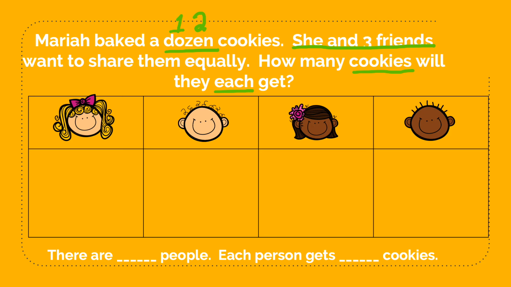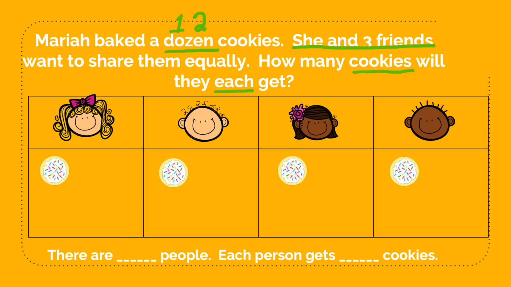To figure out the answer, I need to divide the 12 cookies between the 4 friends. To do this, I am going to separate or share the cookies equally between them. I will do this by placing one cookie for each friend until all the 12 cookies are shared.